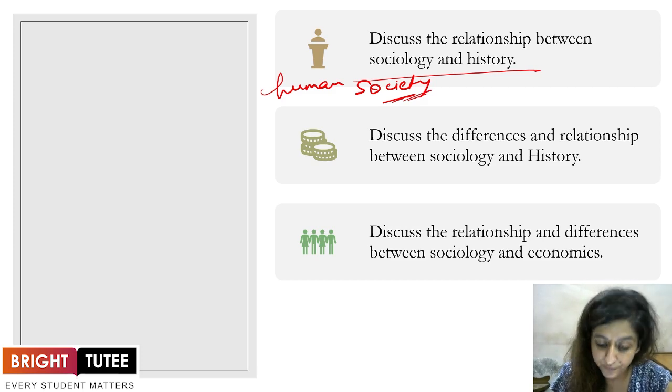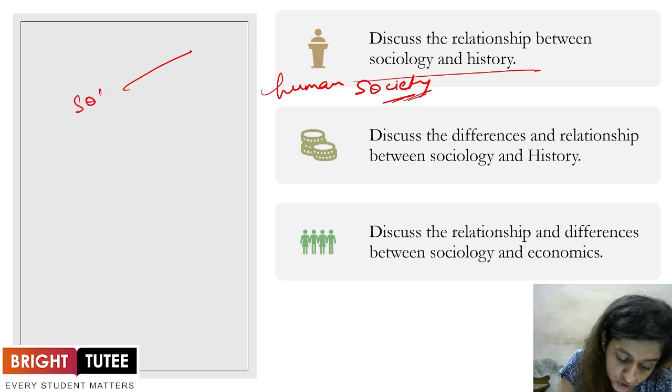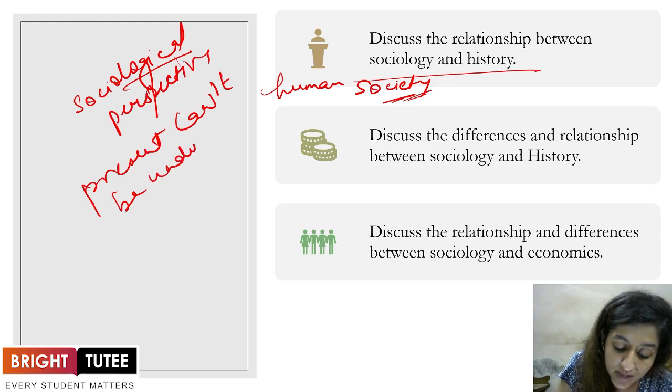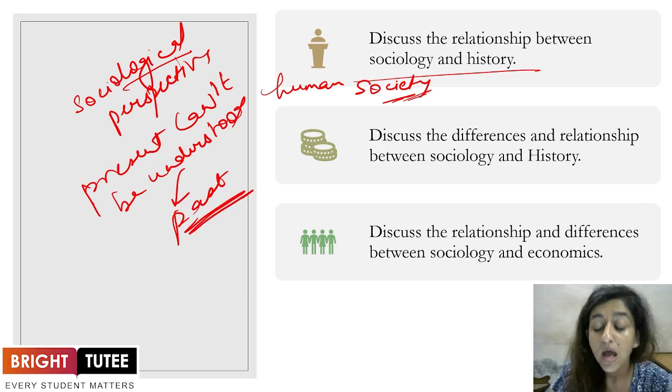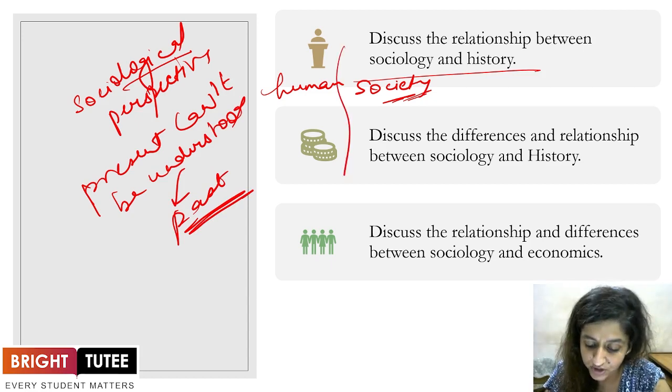Historians accept a lot of views that sociologists gave, and sociologists accept a lot of views that historians gave. Historians have adopted a lot of sociological perspectives, whereas the present cannot be understood without the study of the past, and hence sociologists have adopted a lot of historical evidence or historical studies as well.